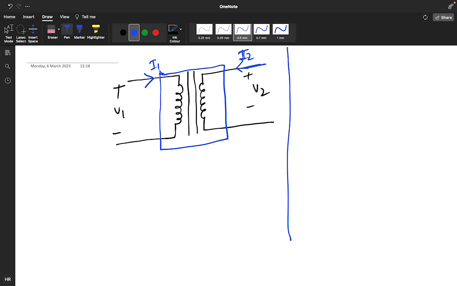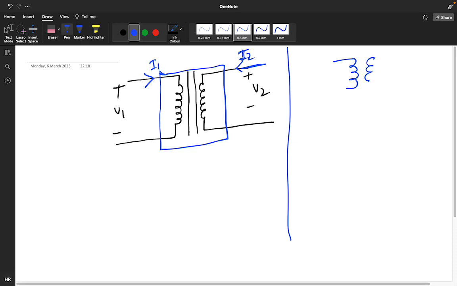But in a real transformer, the situation is like this. Suppose this is I1 dash, and this is I2 dash.